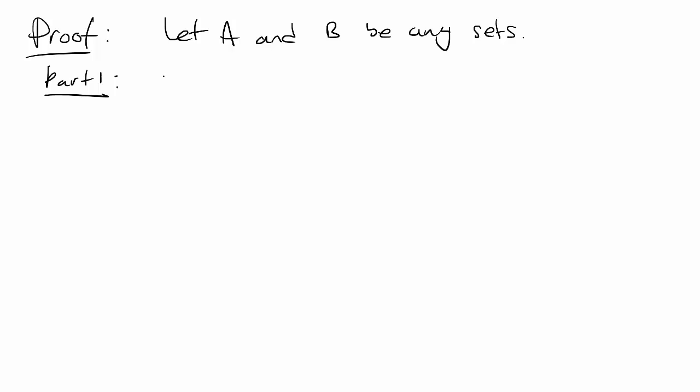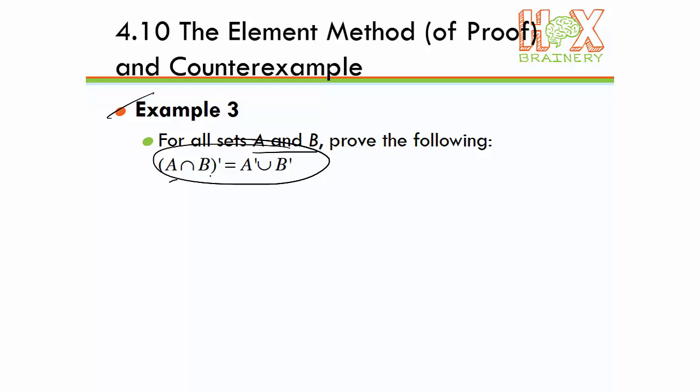We're going to let A and B be any sets, right? This has to work for all sets. So A and B are any sets. And then we're going to start with part 1, which is going to be the proof that this part is a subset of this part here.